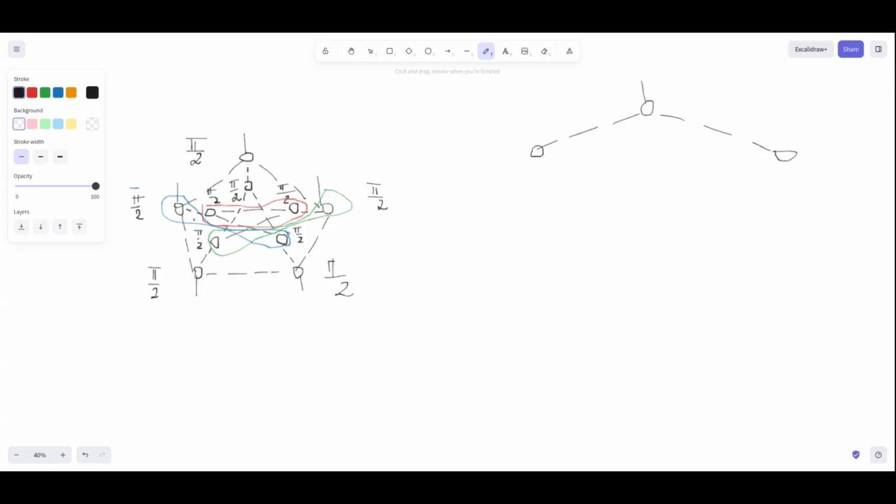You have p over 2 and p over 2, it makes p. And same here. This one takes p over 2, and it already has a phase of p over 2, and p over 2 plus p over 2 is equal to p. So here it is. Here nothing changed, you still have a phase of p over 2.